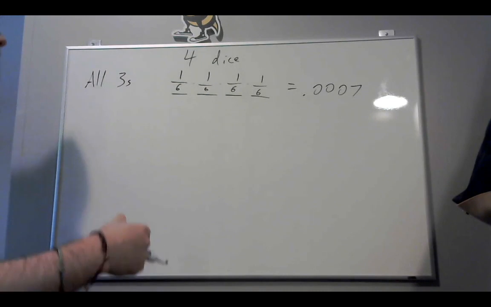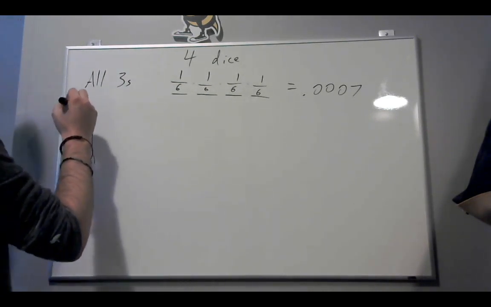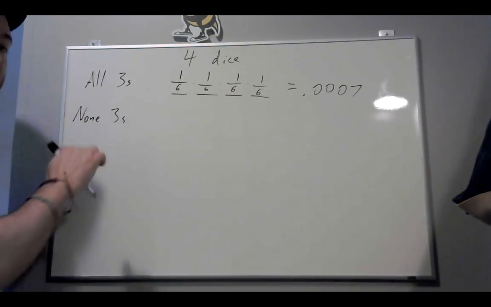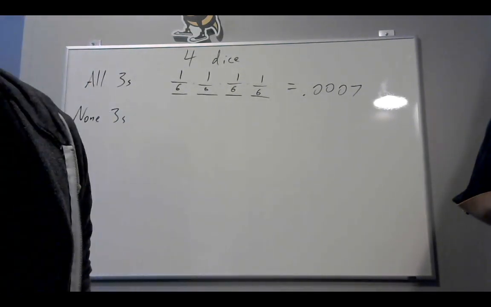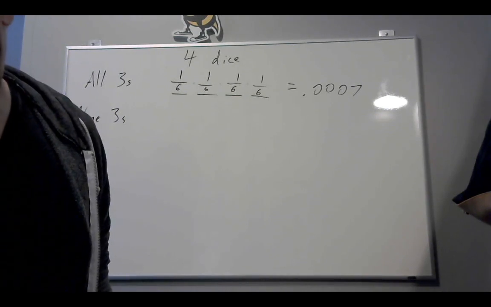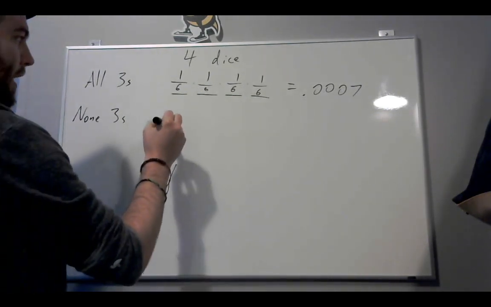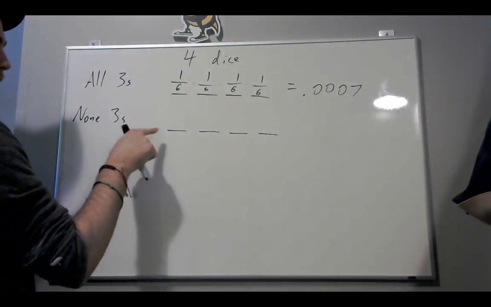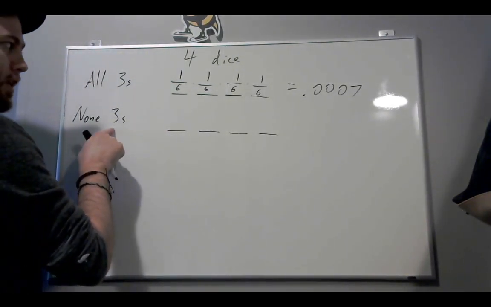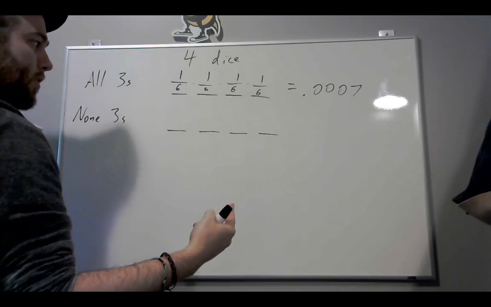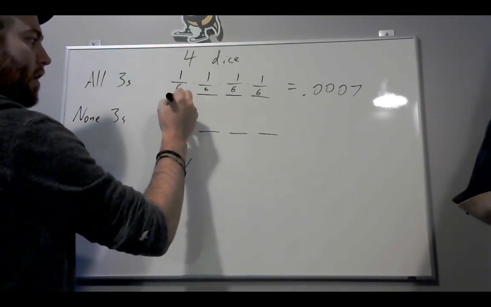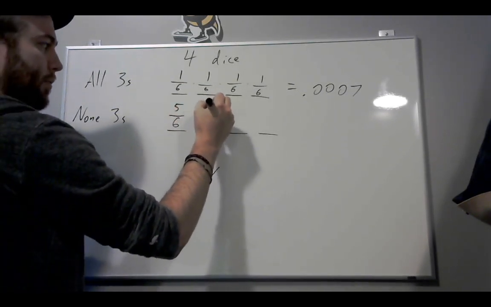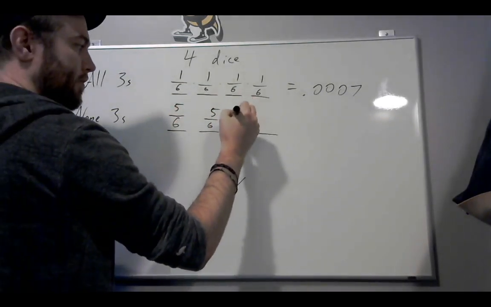So then let's think about the other one, where none are 3s. Not a single one is going to be a 3. We can think about that by doing the same thing, where we have 4 dice and we check their probabilities. For the first one, we don't want it to be a 3, and since only one of them is a 3, I have 5 other options that are not a 3, out of the 6, and that would continue for every single one of these.